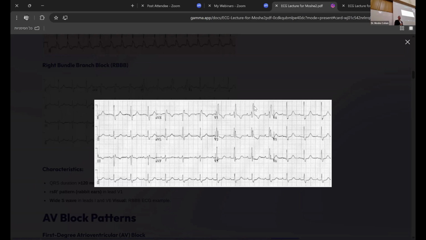Very frequently, when we have RBBB, we also have left anterior hemiblock. Remember this if you're writing a note, this can be important. In this case, we have RBBB plus left axis deviation. It means RBBB plus left anterior hemiblock. That's the diagnosis.